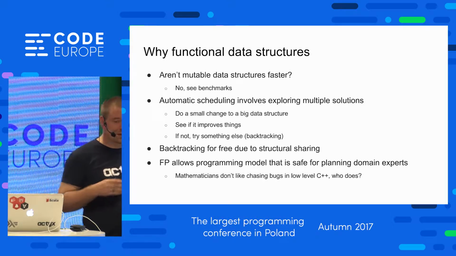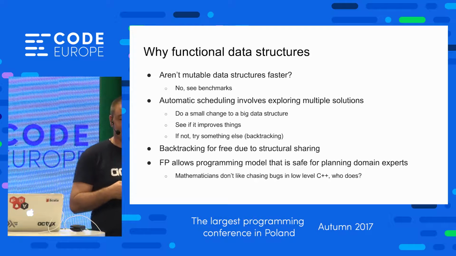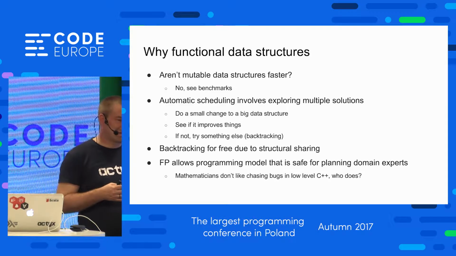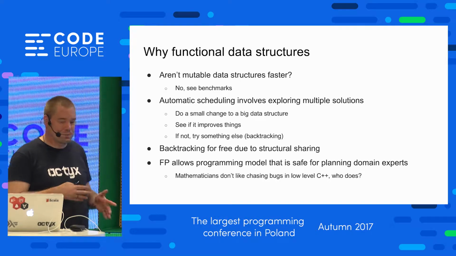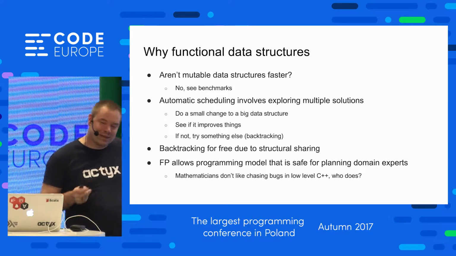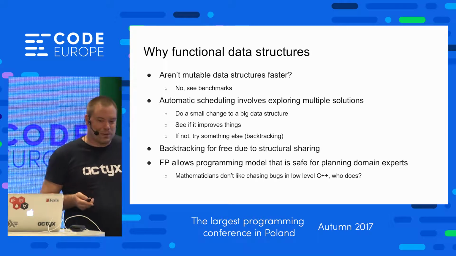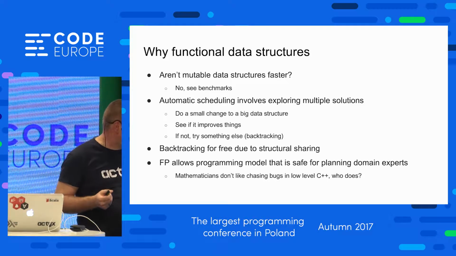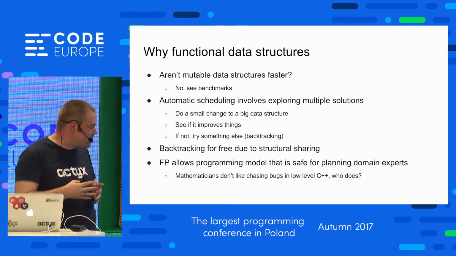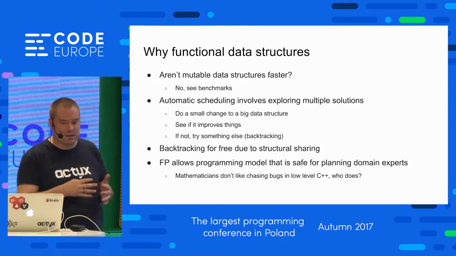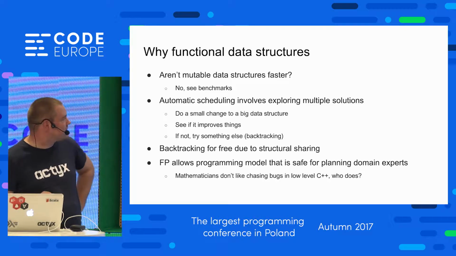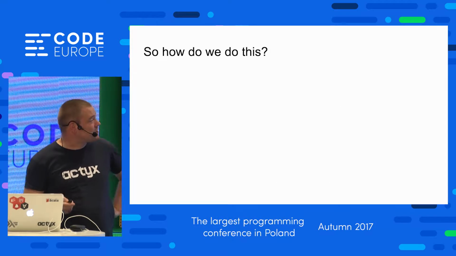So using functional data structures, you can write a domain model which allows the domain expert, a mathematician, to concentrate on the actual important thing, which is finding a good solution and not chasing memory leaks and pointers and so on. So actually, the prospect of having these people working with mutability kind of scared me, and it worked out pretty well. So okay, that's why we're using functional data structures.